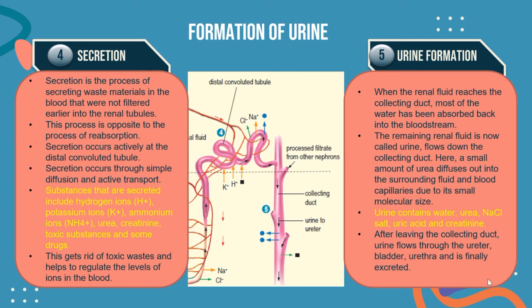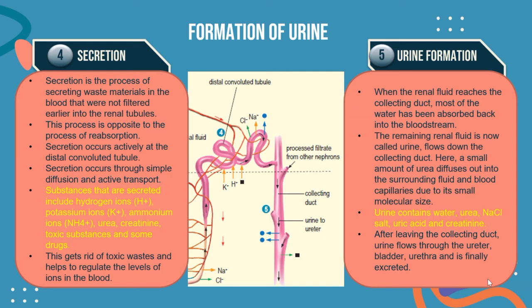You have to know what processes occur during the formation of the urine. The first process is ultrafiltration, which occurs between the glomerulus and the Bowman capsule.